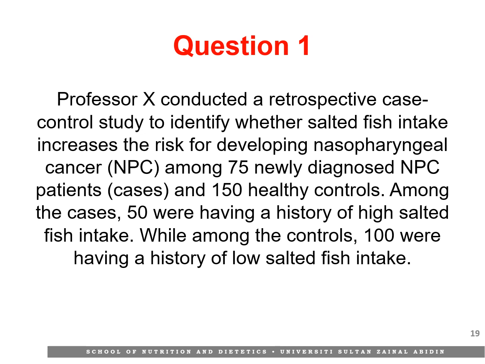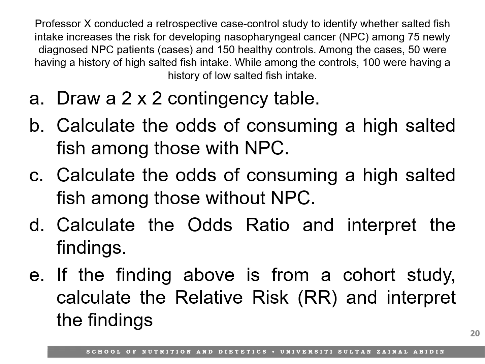So, when we read the question here, it is important to identify the key points and figures related to the story here. The question is, A. Draw a 2 by 2 contingency table. B. Calculate the odds of consuming a high salted fish among those with NPC.